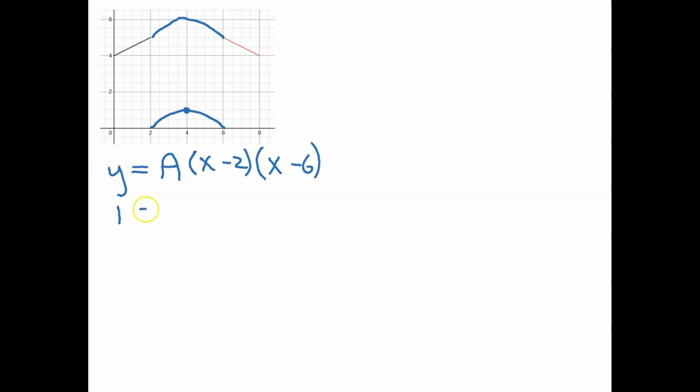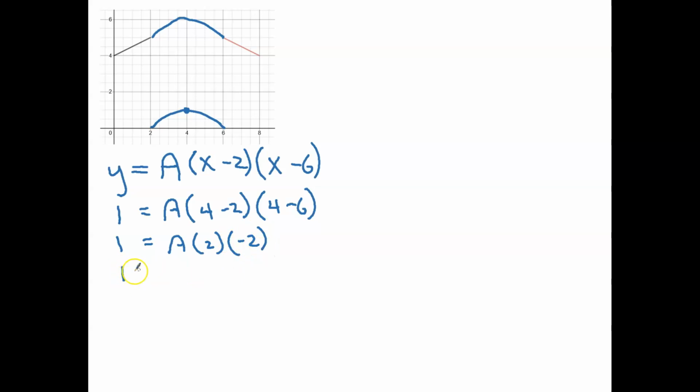So I can just write 1 equals a brackets 4 take 2, so all I'm doing is substituting, and 4 take 6. 1 equals a, 4 take 2 is 2, 4 take 6 is negative 2, 2 by negative 2 is negative 4, and divide both sides by negative 4, and I get a equals negative 1/4.